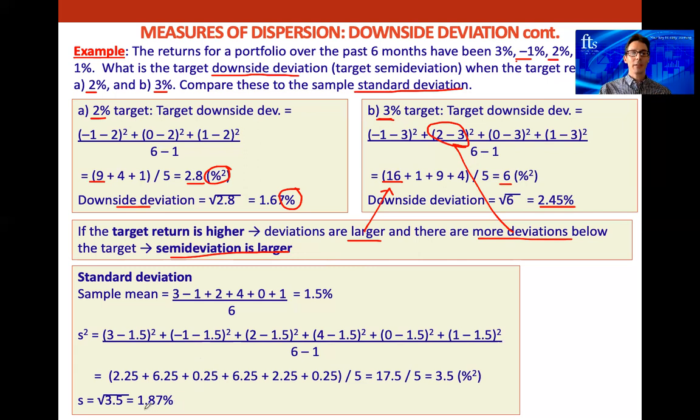You can see the standard deviation comes out at 1.87, and in this example it's above the target downside deviation when we've got a 2% target, but below the target downside deviation when we've got a 3% target. Again, for this standard deviation, you can just plug these numbers into your calculator and hit the standard deviation button, and you're going to get your answer of 1.87%.